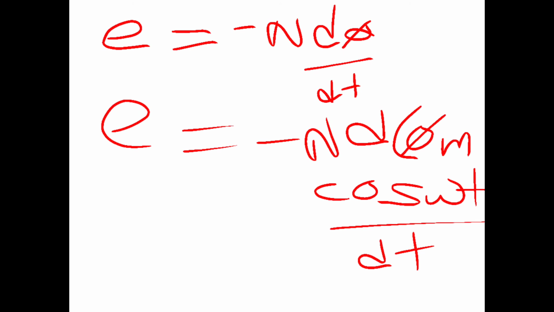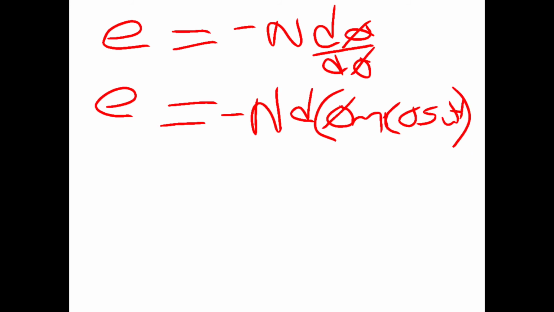Here we put phi is equals to phi m cos omega t. So the next step is E is equals to minus N d phi m cos omega t upon dt.